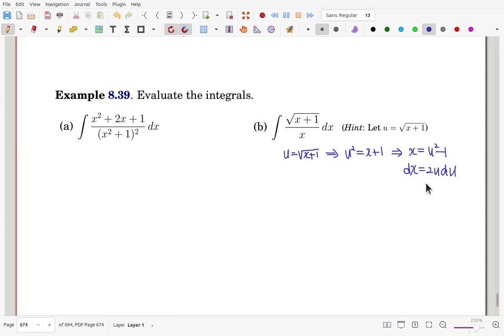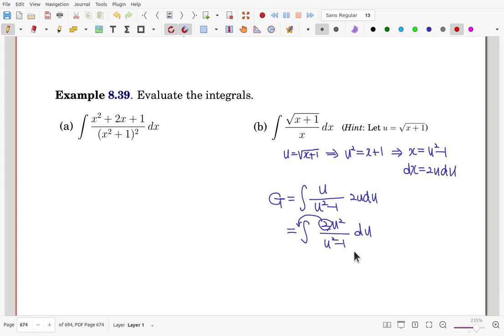So we got everything. The given integral is the same as: the top is u, and the bottom is x, which is u squared minus 1, and then dx is 2u du. So we have u squared minus 1 in the denominator and 2u squared in the numerator, du.